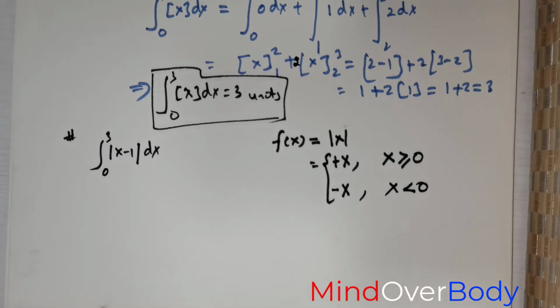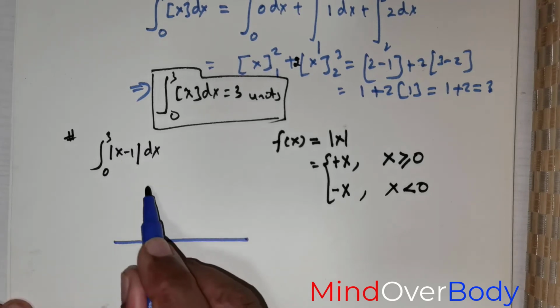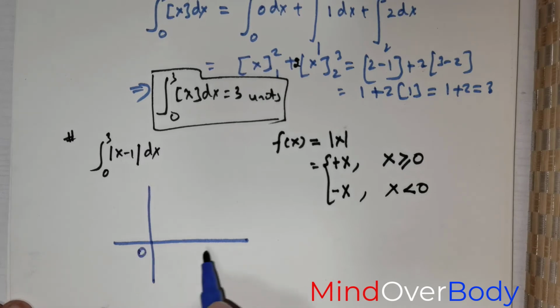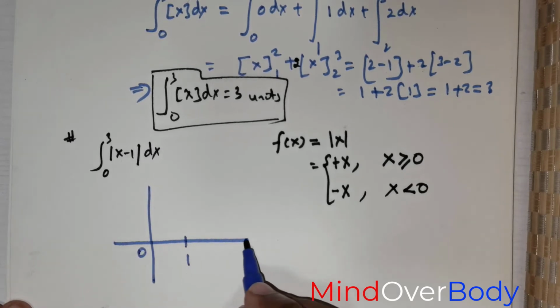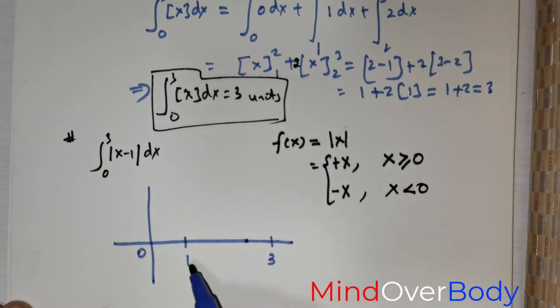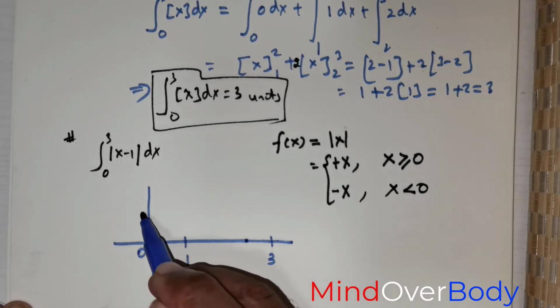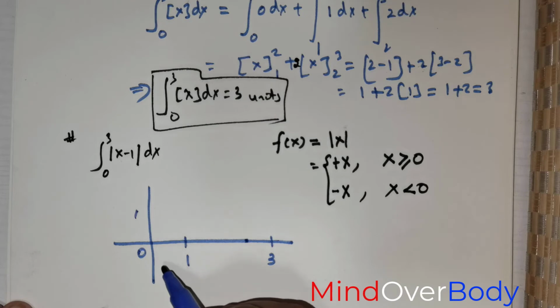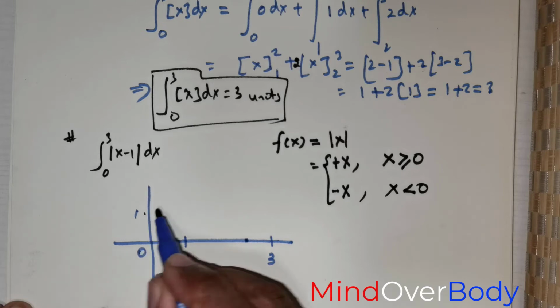So if I were to draw the graph for this modulus of x negative 1, the graph would look something of this fashion. So this is going to be 0, this is going to be 1, and somewhere down the line I got 3 here. So when x is equal to 0, this will be the hit.